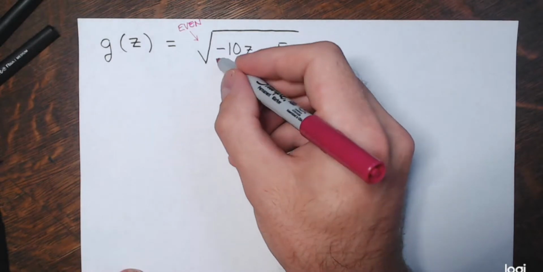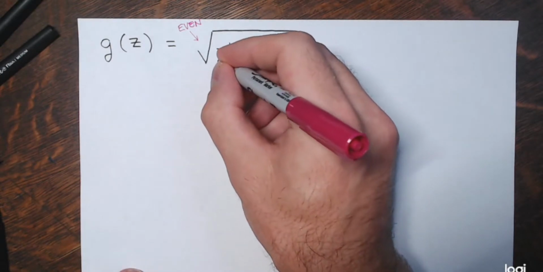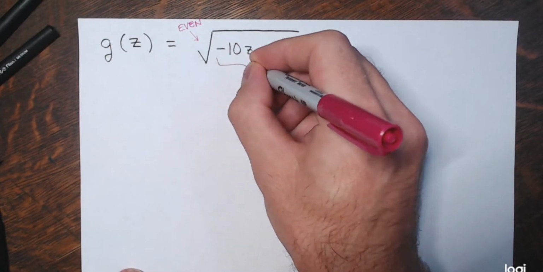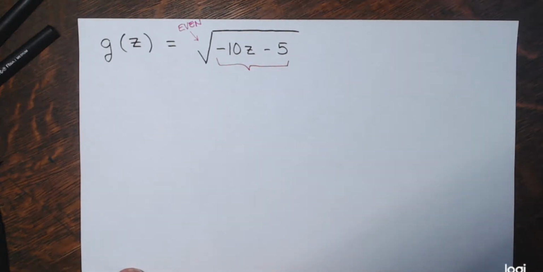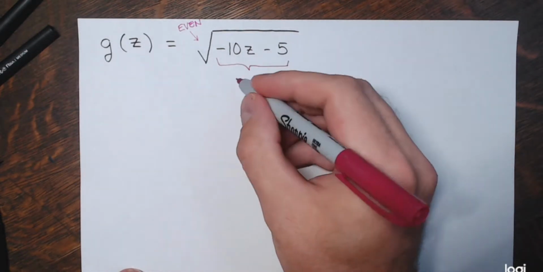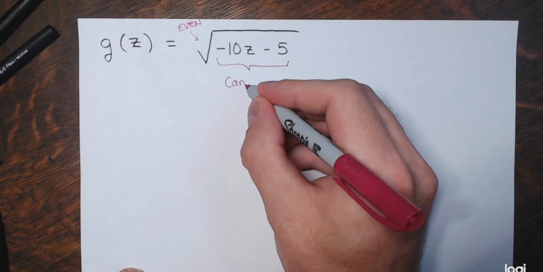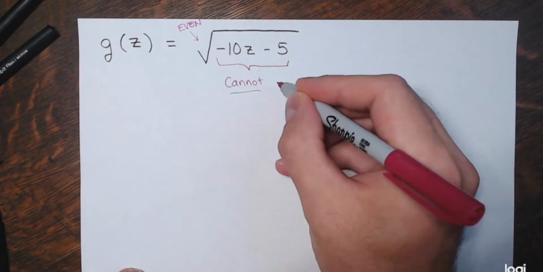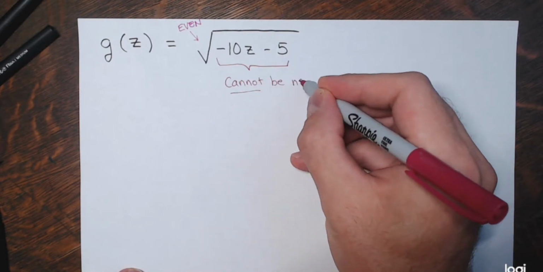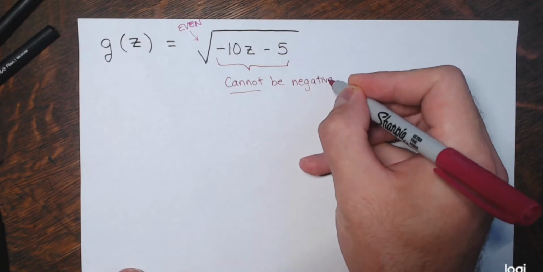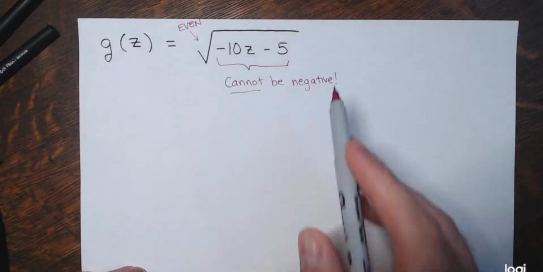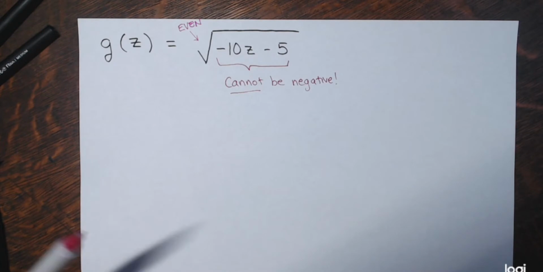So that means that whatever's inside the radical, this expression here, the -10z minus 5, this cannot be negative. Because if it were, then we would have a non-real number as an output. I want real number outputs right now.